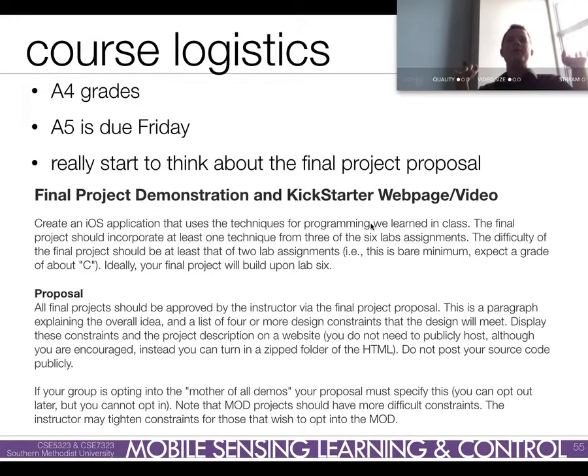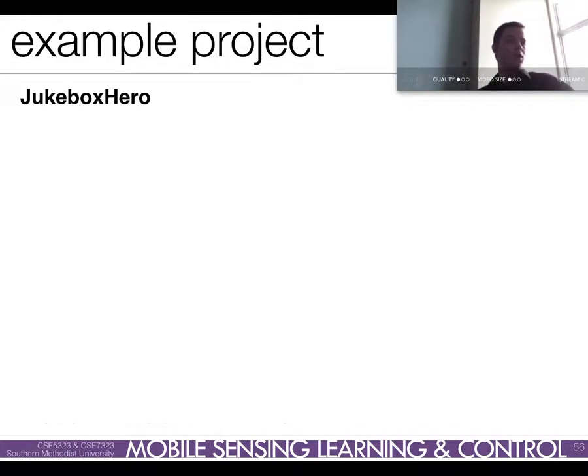It's too difficult and too risky for us. We're going to do the webpage. That's fine. You can opt out. You can't opt in. So when you give me your constraints, I need to look at them knowing that you're going to do the mother of all demos. So it's an opt-out, but you can't opt in later on. Fair enough?